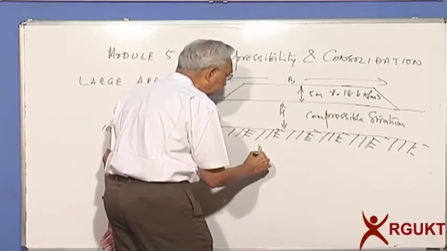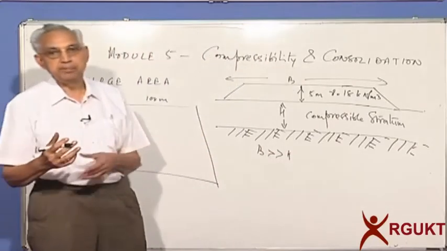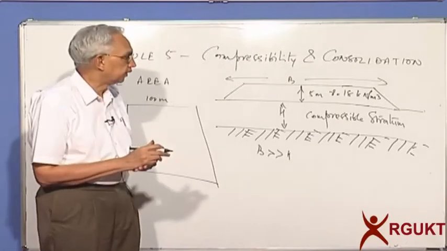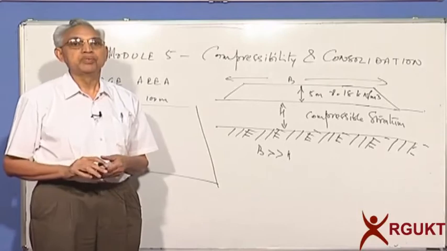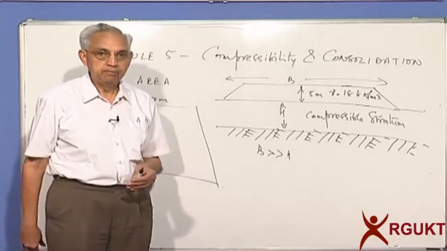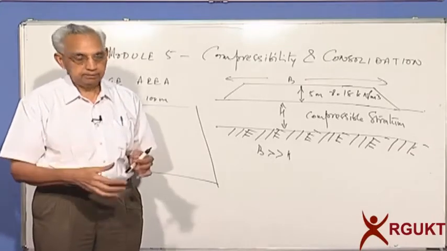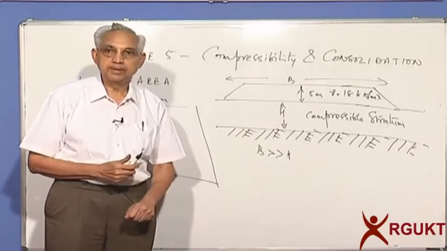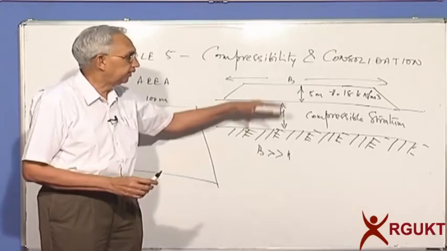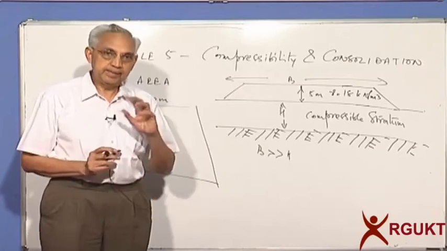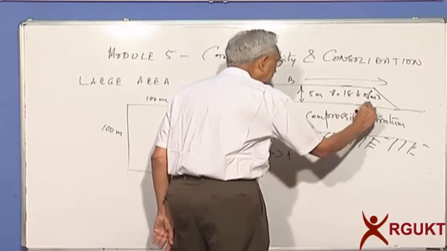If B is greater than H, H may be 5, 10 meters, maybe 15 meters, but B is 100 meters, 200 meters, etc. You are on a coastal project where you want to reclaim, let's say, 1 hectare, which means you are talking of something like 1000 meters by 1000 meters, and you will bring in some soil, put it on top and raise the ground level. If that is so, what kind of deformations occur in the central portion?